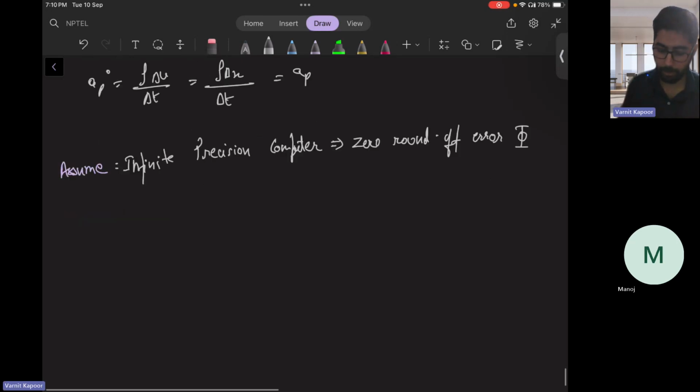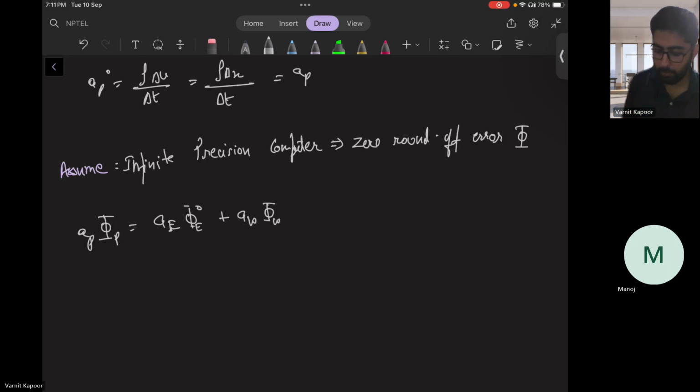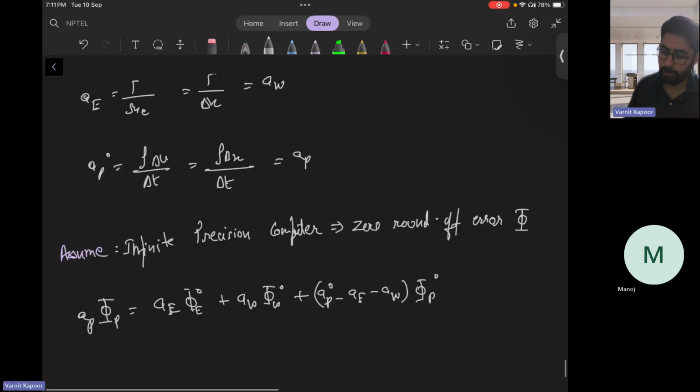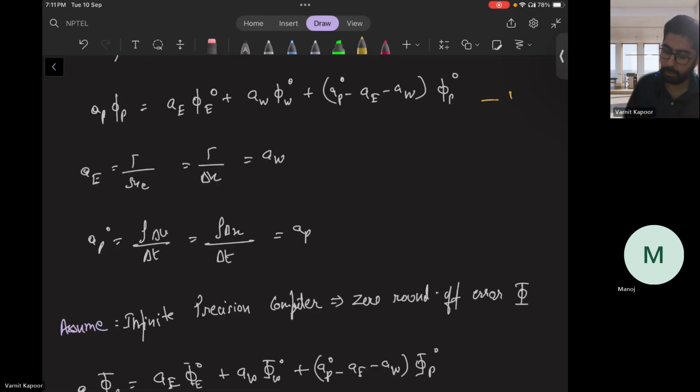Let us call this value phi bar. So if you put that in our equation, AP phi bar P is equal to AE phi bar E naught plus AW phi bar W naught plus AP naught minus AE minus AW times phi bar P naught. So this is our equation 2. Let us say this was our equation 1.